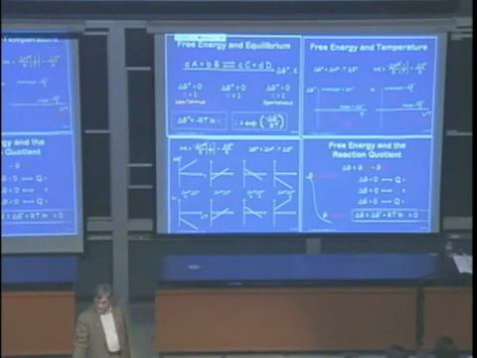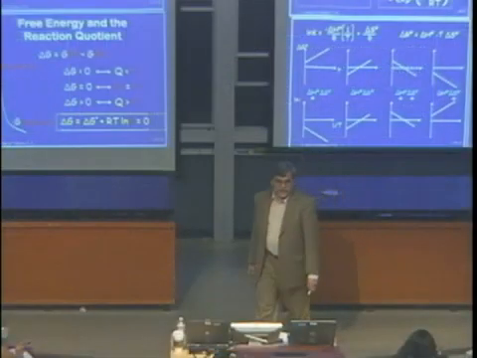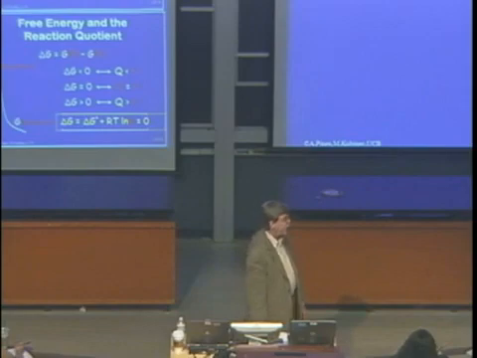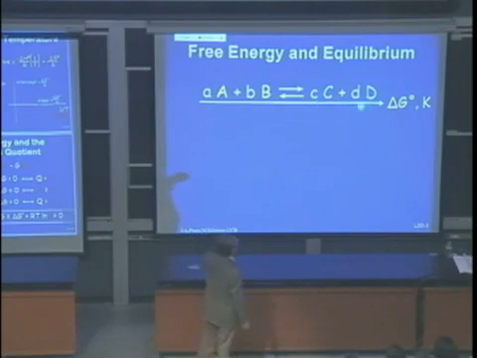So today, we're going to connect the free energy and the equilibrium constant. So we talk further about equilibria, and we will look at the reaction a moles A plus b moles B gives c moles C plus d moles D. So these are our products and these are our reactants. And we've done this now many times.